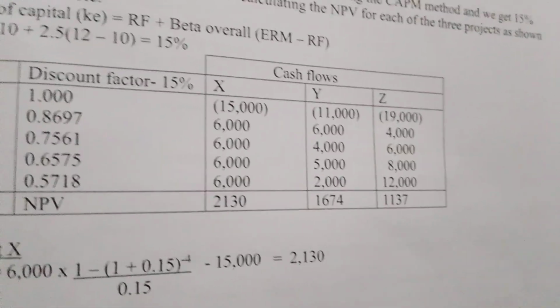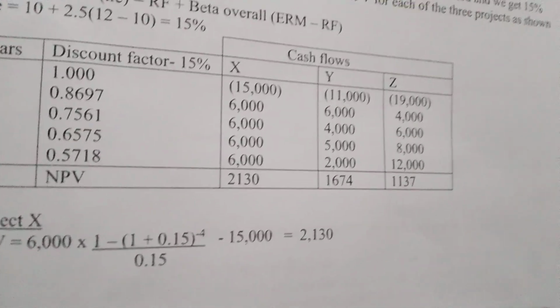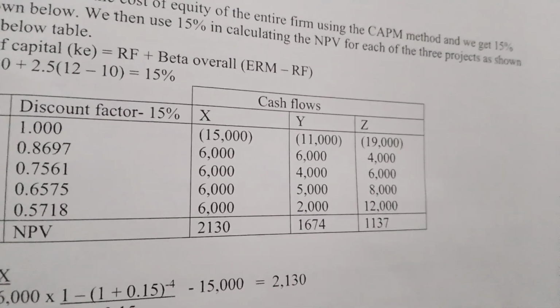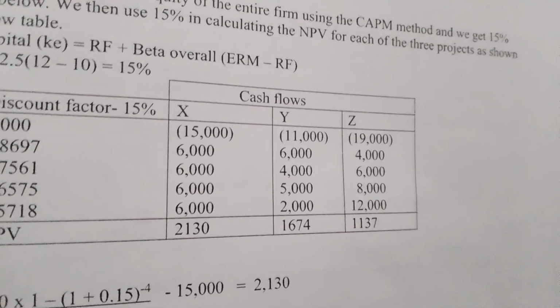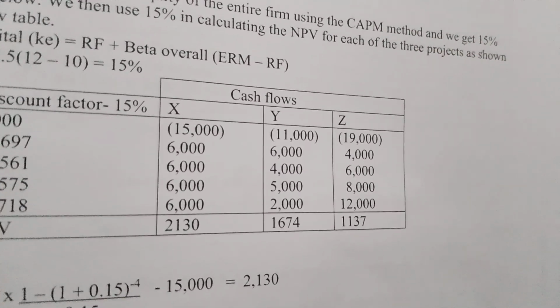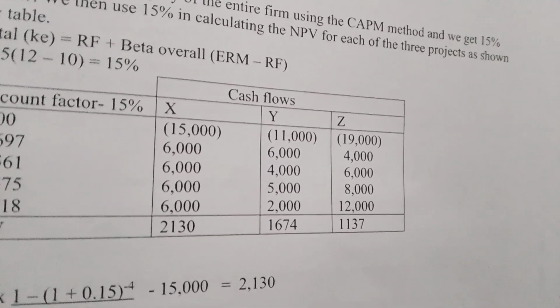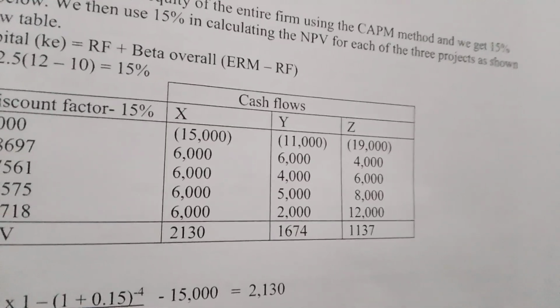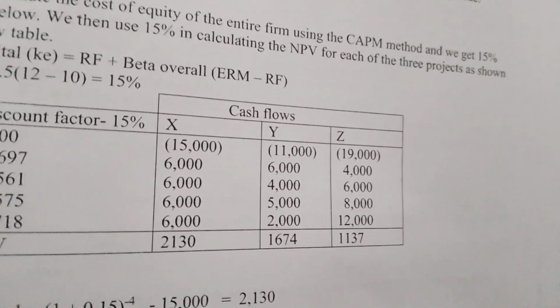So note somewhere, write somewhere, because I'm turning to the next page. Write these cash flows for Y: 6,000, 4,000, 5,000, and 2,000. Then the initial capital outlay for Y, 11,000.